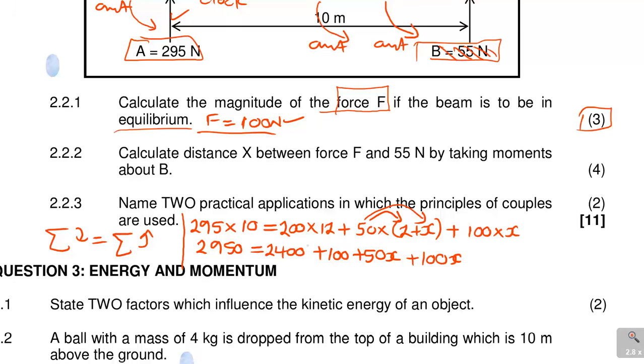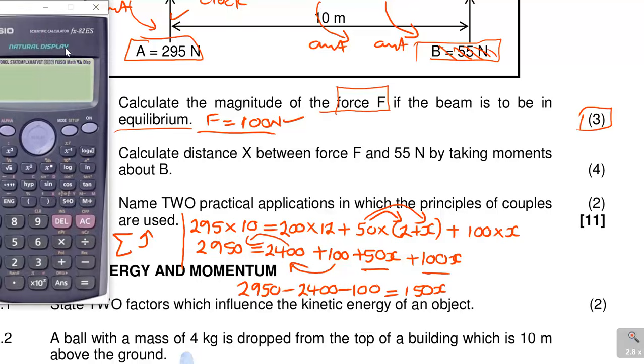So you see how you solve it. Take 2,400 that side, take 100 that side, you'll be left with this on the other side. So you'll have 2,950 minus 2,400 minus 100 is equal to 50x plus 100x, which is 150x.